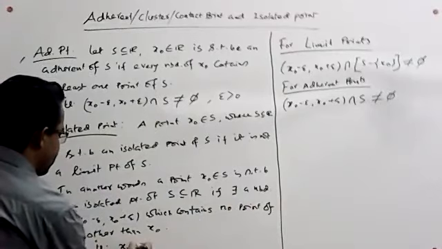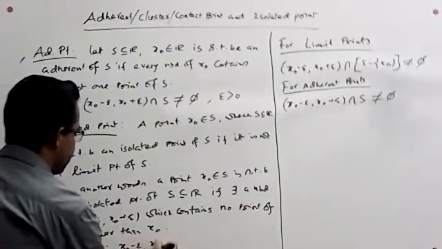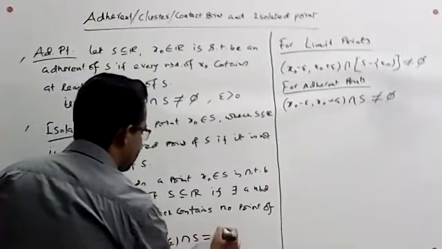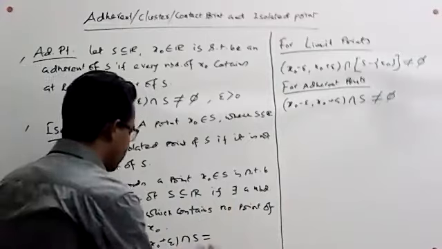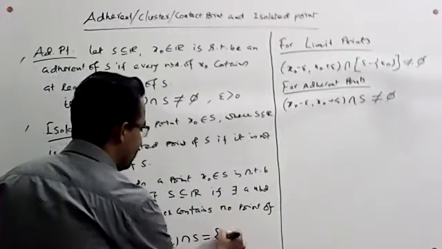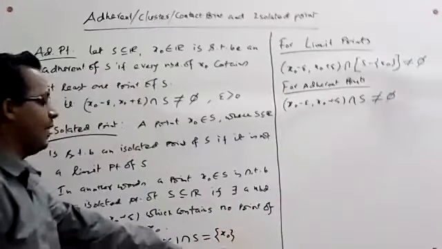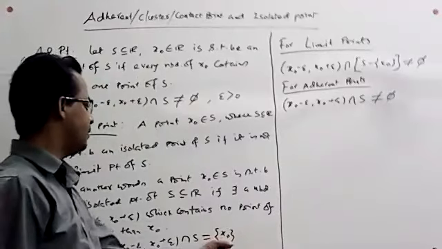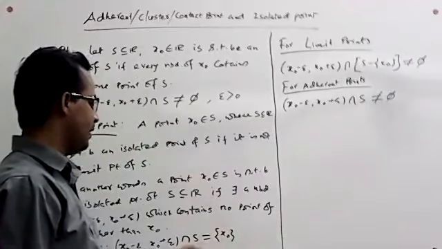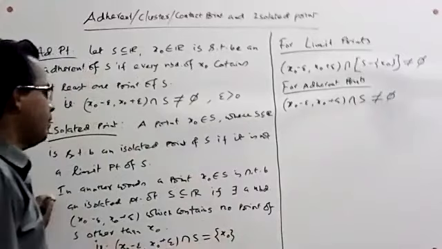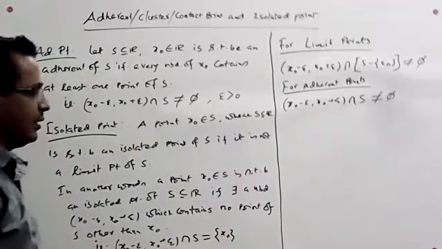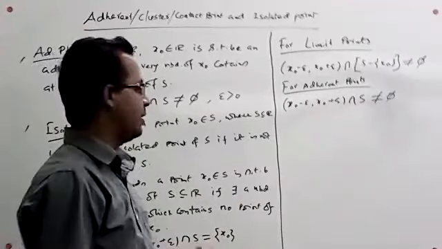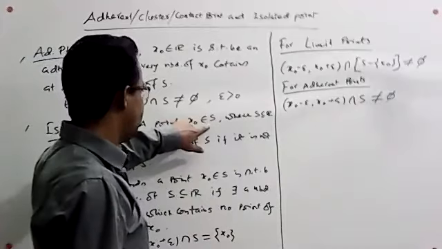That is, if x naught minus epsilon to x naught plus epsilon intersect with the set is a singleton set, and this set contains only the respective point x naught, which is itself, then it is said to be an isolated point of S. So it is very important: an isolated point must lie in the respective set.